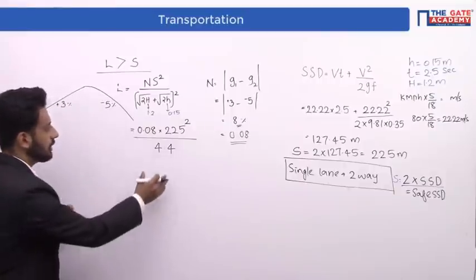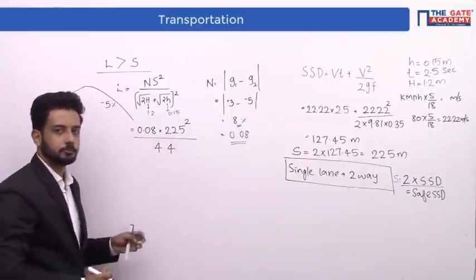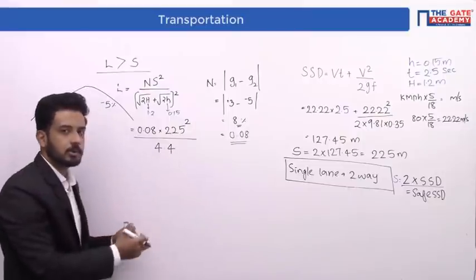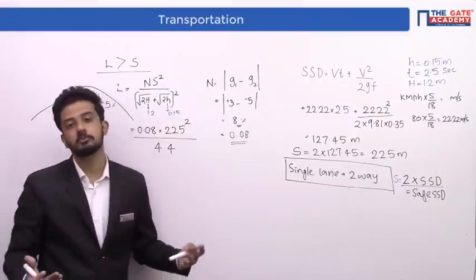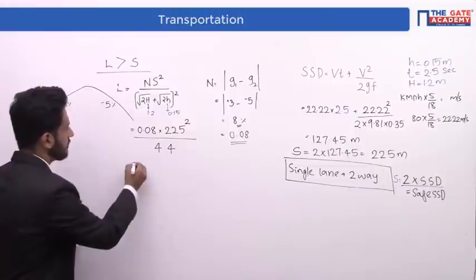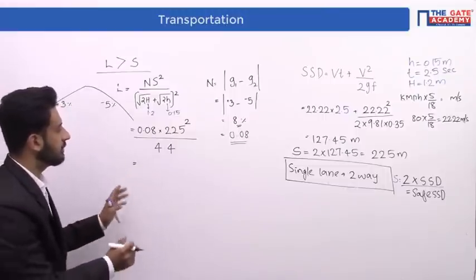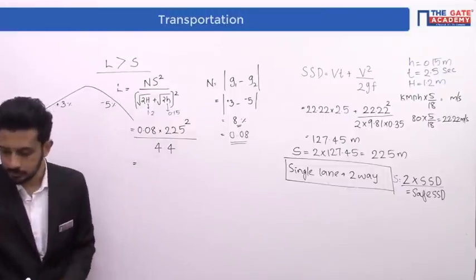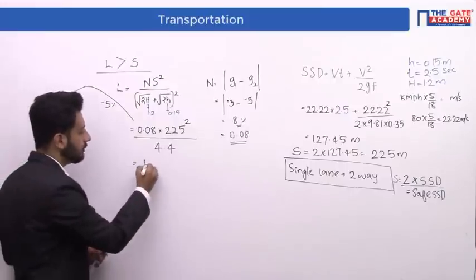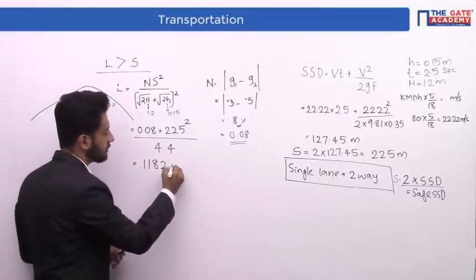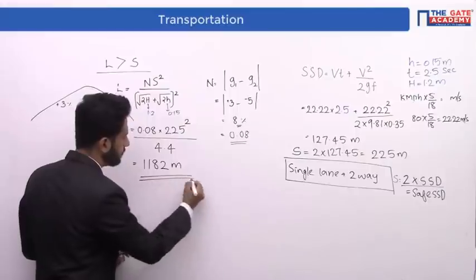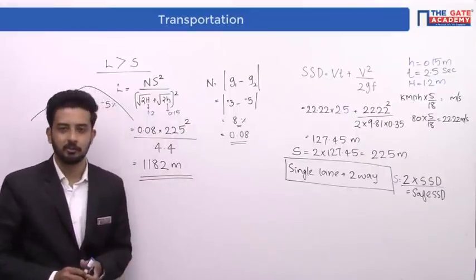Okay, so this will be the value 4.4. Try to mug up this because you can save a lot of time. Fine. So direct substitution of every value, you will get a value 1182 meter. So this will be the final value.